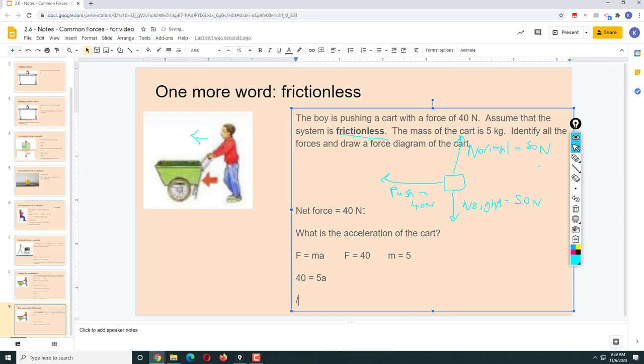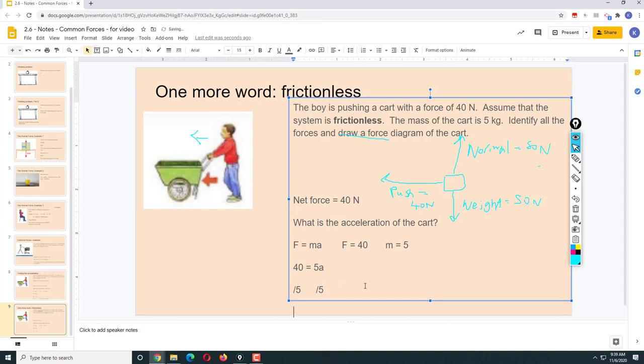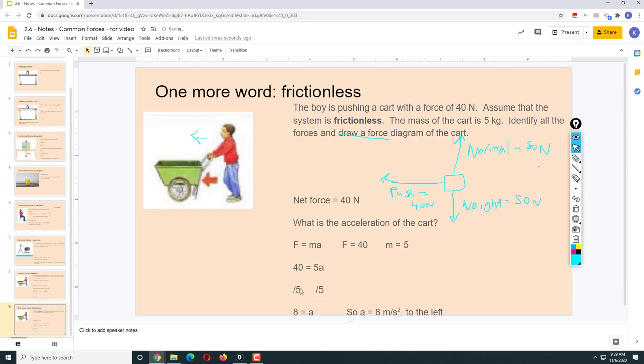Divide both sides by 5, and we get the acceleration is 8 meters per second squared to the left. So when there's no friction, this one accelerates more. Okay, that's it.